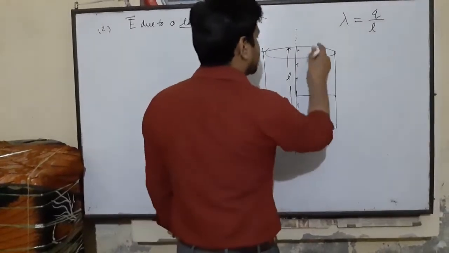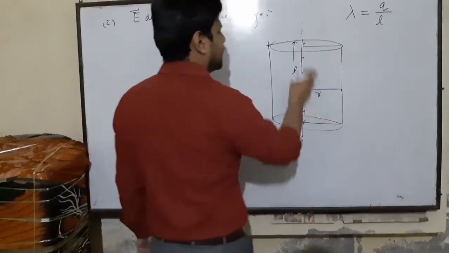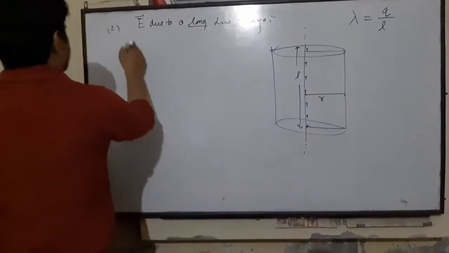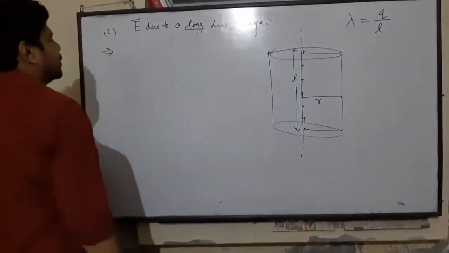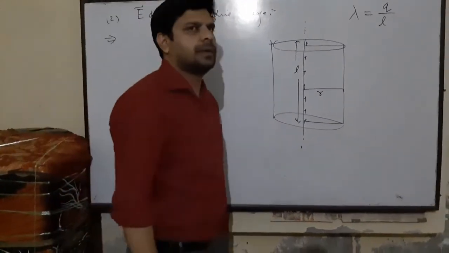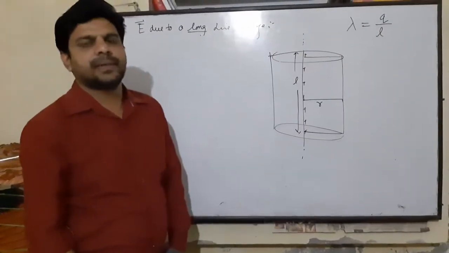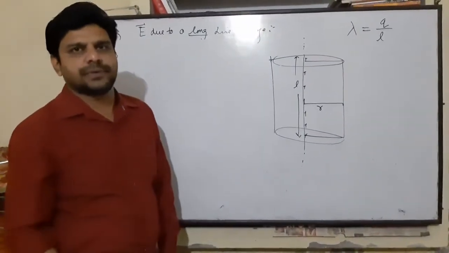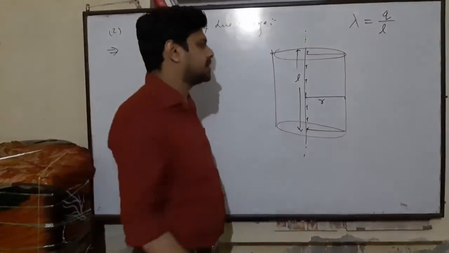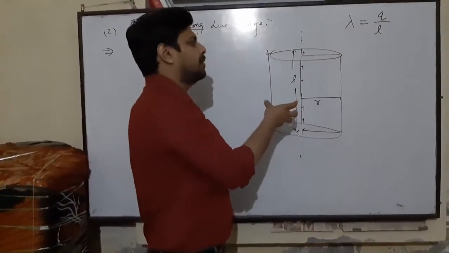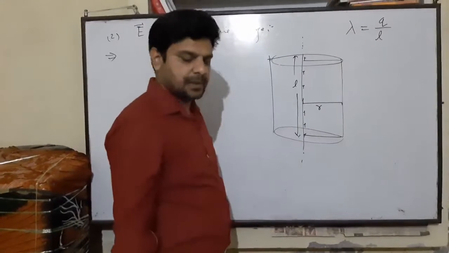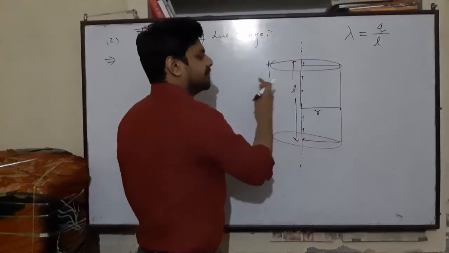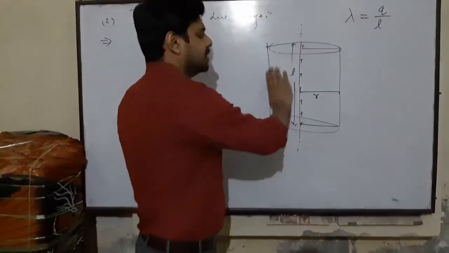The radius of this cylinder is r and its height is L. Before applying Gauss law, we first have to consider a small area element on each surface. This closed surface is made up of three surfaces: two circular faces and one curved surface.